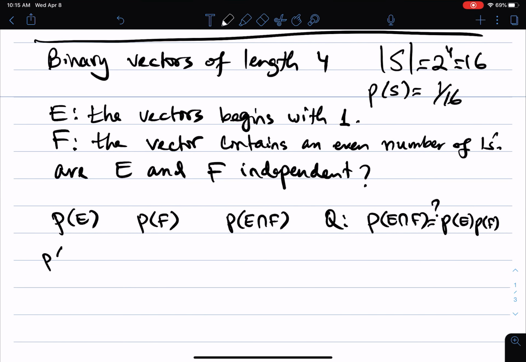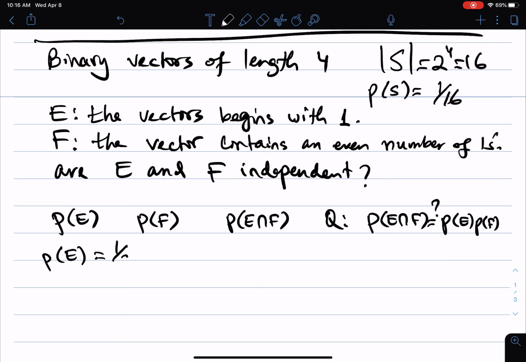What is the probability of E? We're asking what's the probability that the vector begins with 1. There are 2 to the third possible vectors that begin with 1, because you fix 1 in the first position, and then for the other 3 positions, you can have zeros or ones. We divide by the total number of vectors, which is 2 to the fourth, and we end up with 1/2.